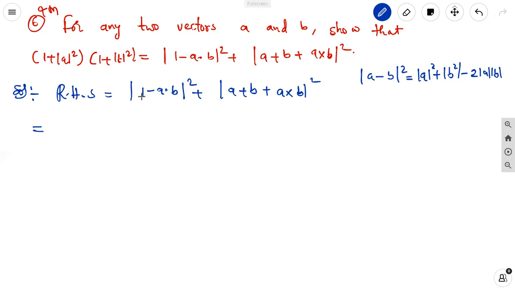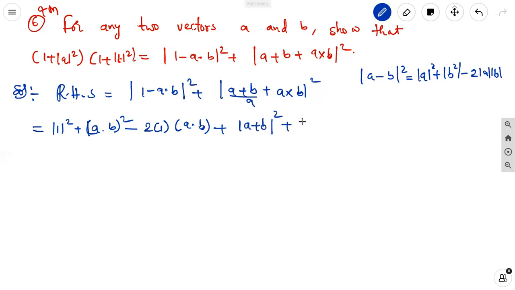Here it is equal to mod 1 square plus modulus of a dot b whole square minus 2 into 1 into a dot b, plus mod (a plus b) whole square plus mod (a cross b) whole square plus 2 into mod (a plus b) into mod (a cross b).